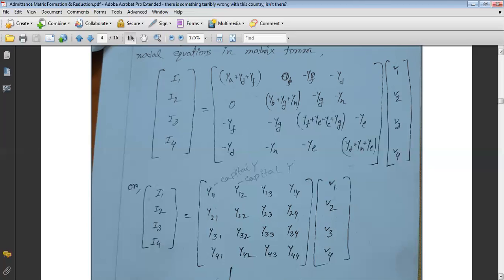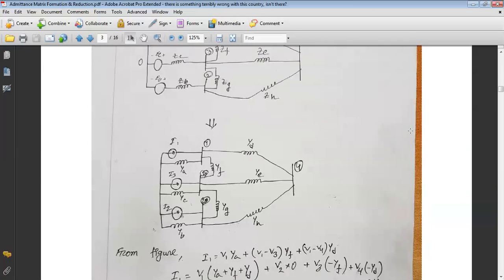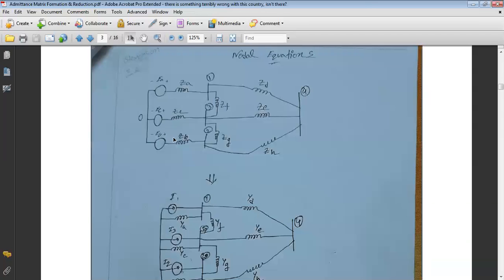The dimension of the bus admittance matrix should follow the total number of buses of a particular power system. Here the total number of buses of this power system is 4, that is 1, 2, 3, 4.